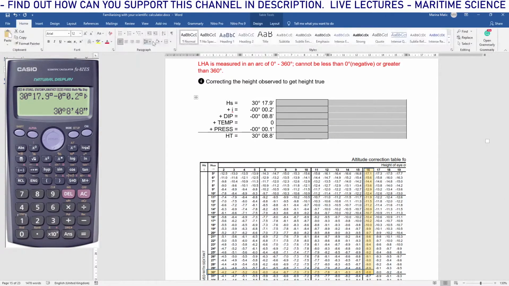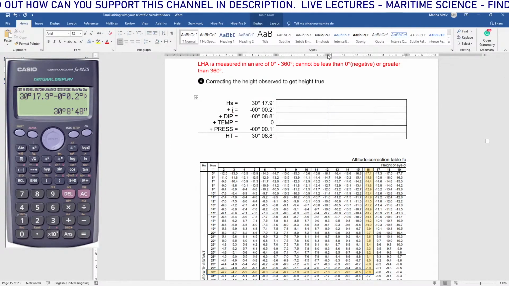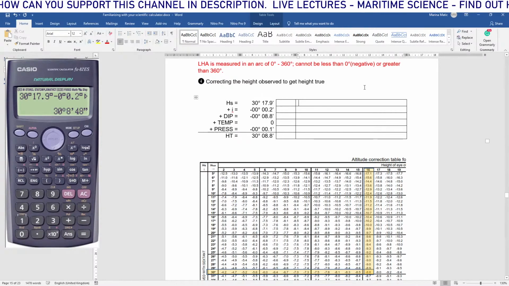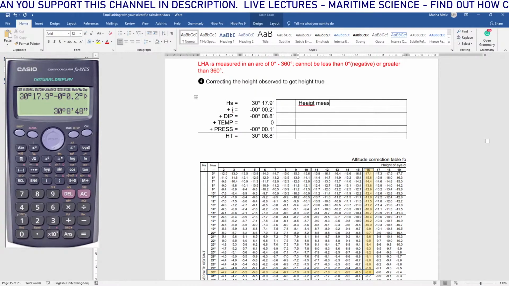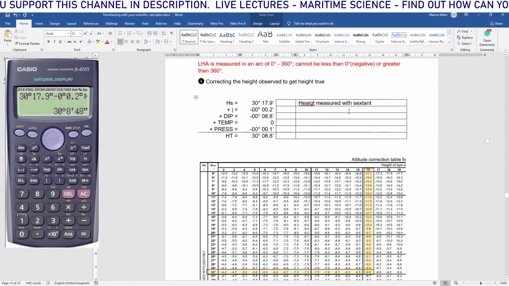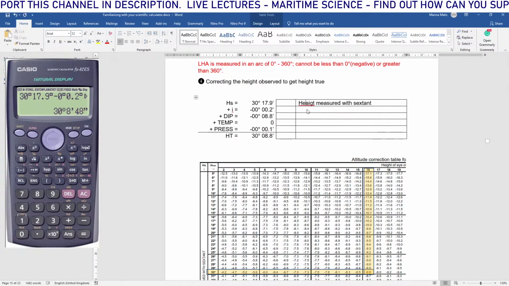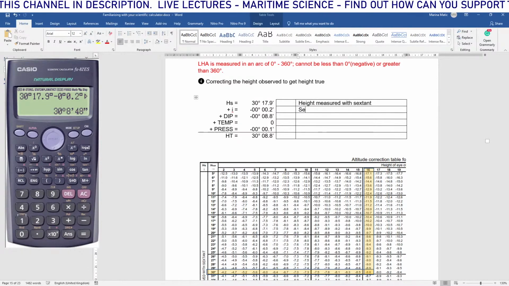Okay. So this is, maybe I should do it now. Height measured with sextant. What is this? Device error or sextant error?